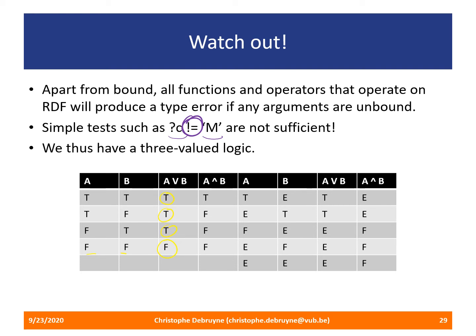But the evaluation of a particular condition can also evaluate to error in case one of the operands is unbound. So you also have to check what happens if one of the operands is error. For the OR, it's pretty straightforward. From the moment you have one true, it's true, but in the other cases it defaults to error, because if you compare an error and a false, you will raise an error.